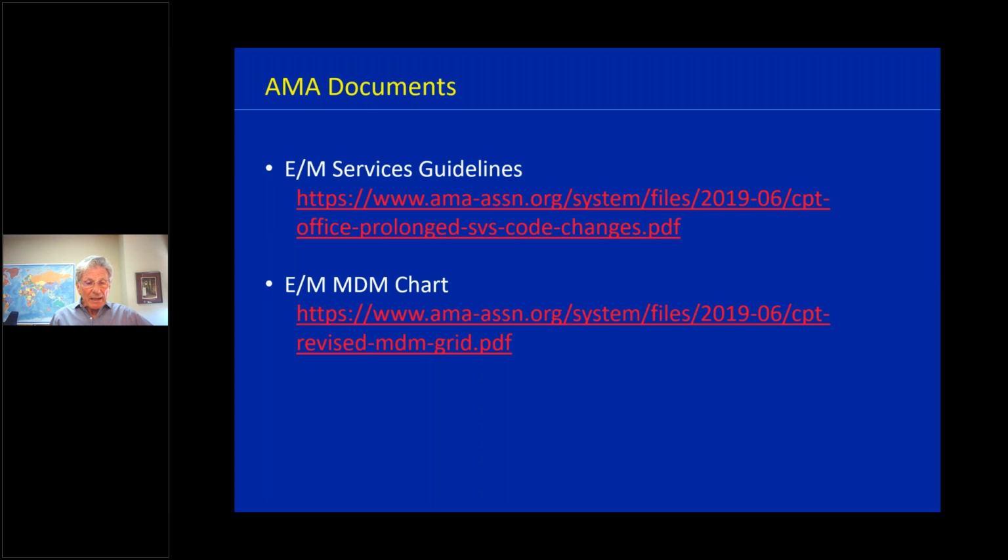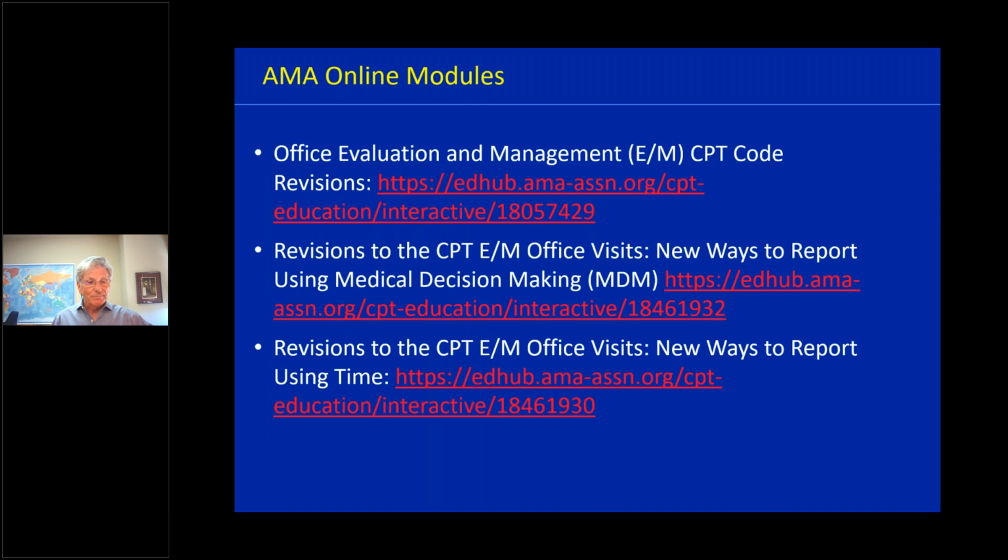The next link is to a medical decision-making chart, which is a 2-page version of all the charts I showed you about how to compute the medical decision-making level. Next. There are some additional resources here about the detail of these modifications in the 2021 E&M codes. Next.